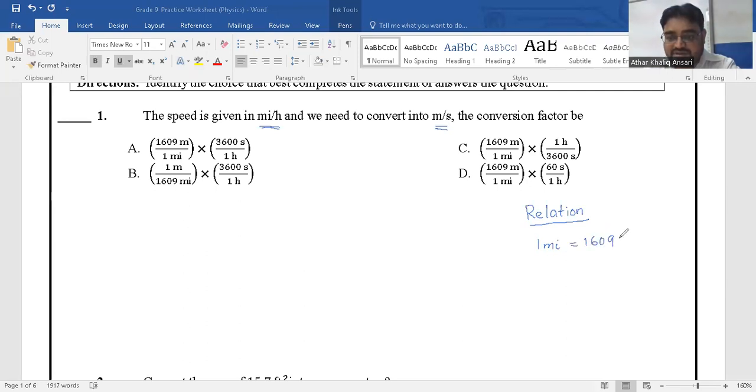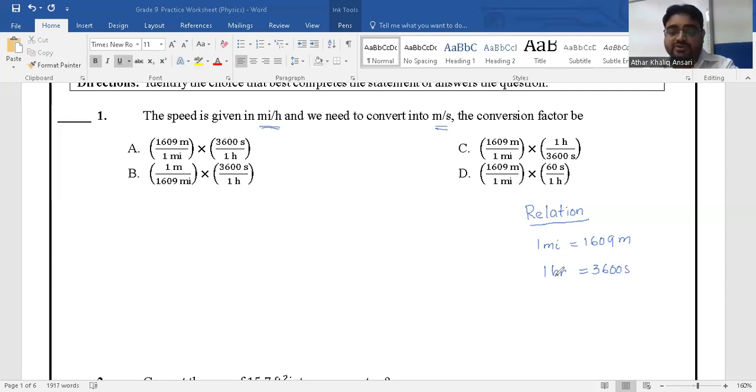The first relation is that 1 mile is 1609 meters. On the other hand, we need to convert hours into seconds: 1 hour is 60 minutes, and each minute is 60 seconds, so 1 hour is 3600 seconds.